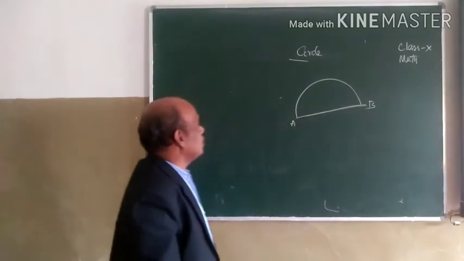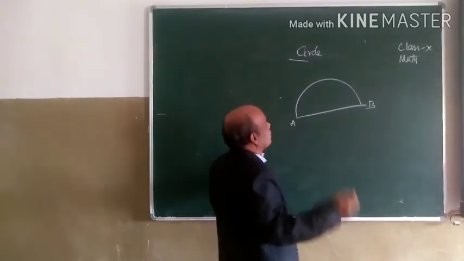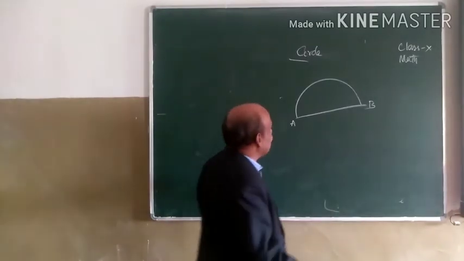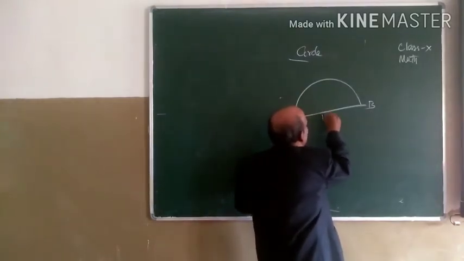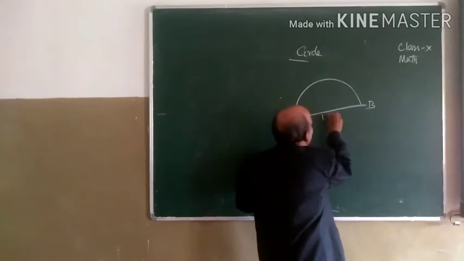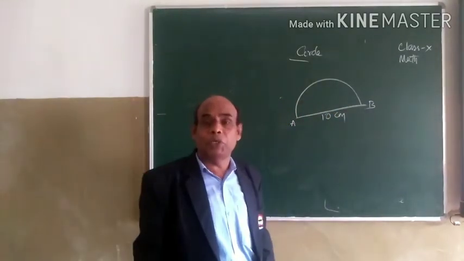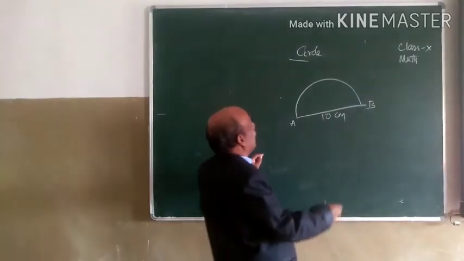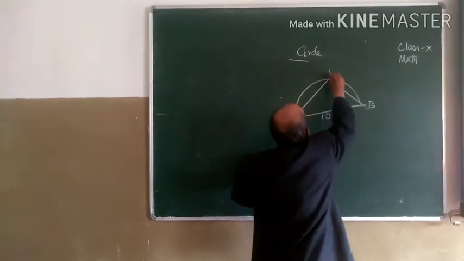AB is the diameter, and the AB diameter is given to you as 10 centimeter, and a triangle is constructed here.